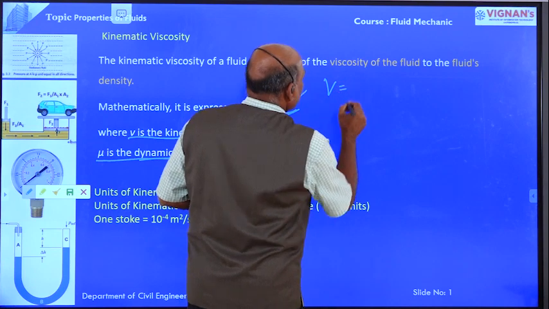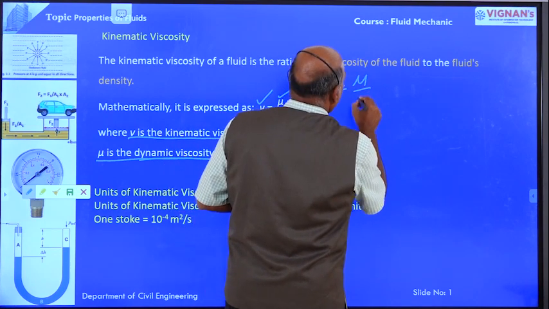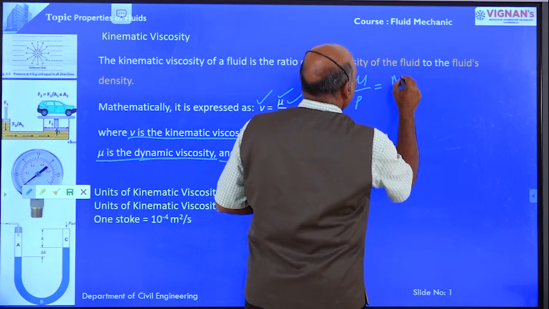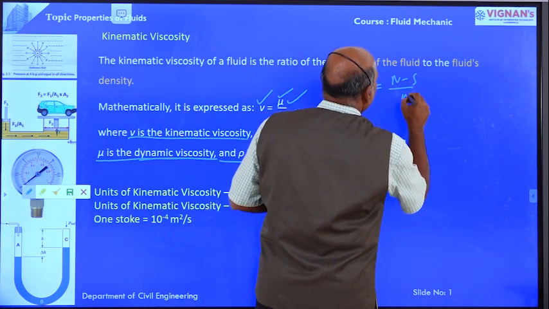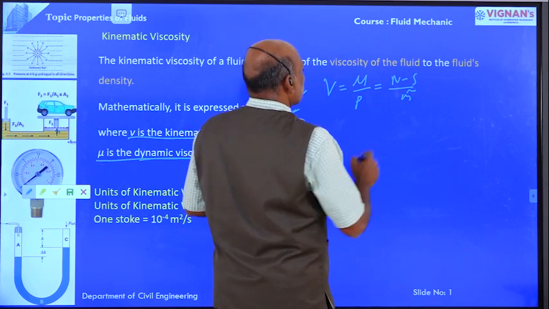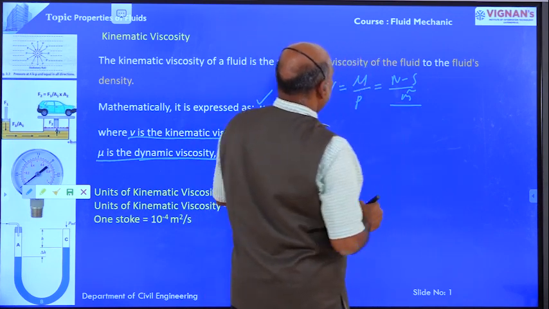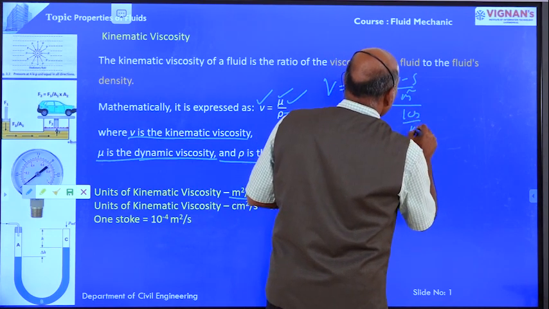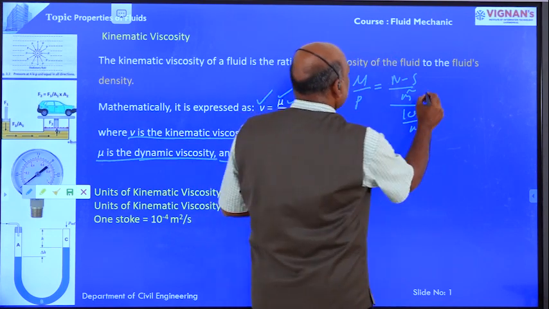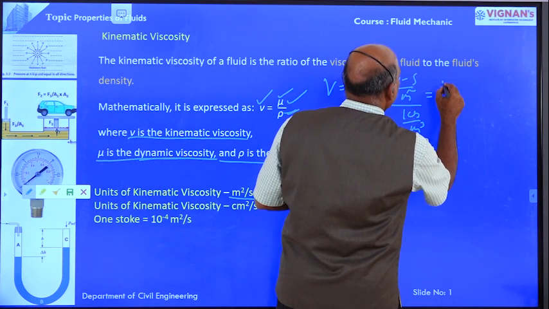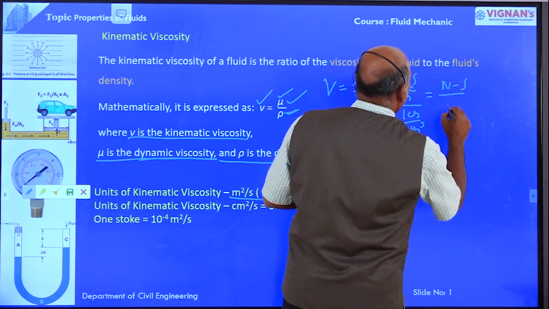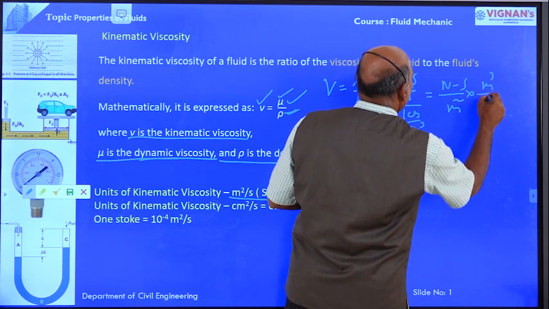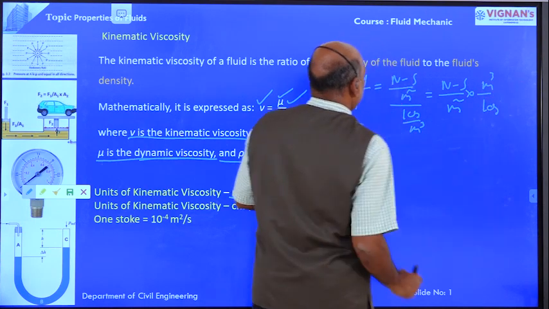Here, kinematic viscosity equal to viscosity divided by density. Viscosity units are Newton second per meter square, divided by density, which is kg per meter cube. This is equal to Newton second per meter square into meter cube divided by kg.